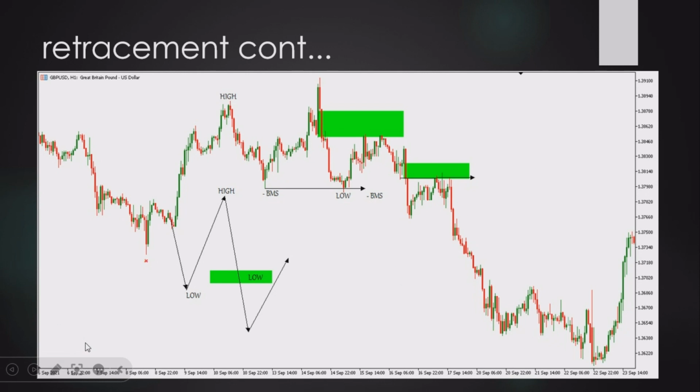What is fair pricing? Fair pricing means if price just runs down, inside that run, there will be a lot of inefficiencies, a lot of gaps, voids that were not properly traded. And price would always want to go back into those areas so that traders, market makers can stack up more short positions in the case of a downtrend now.